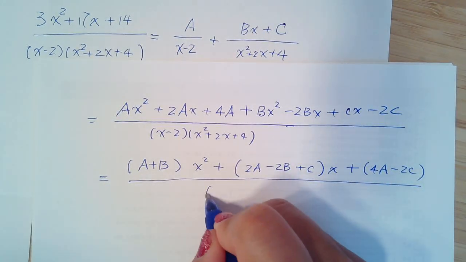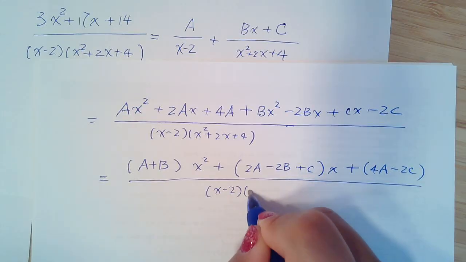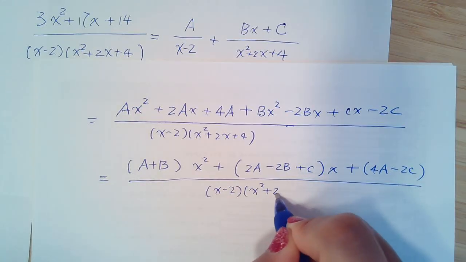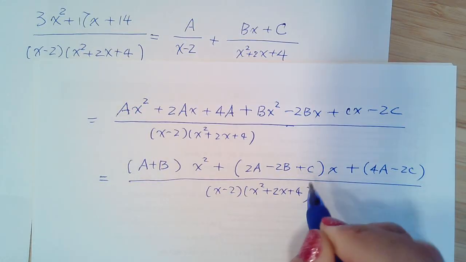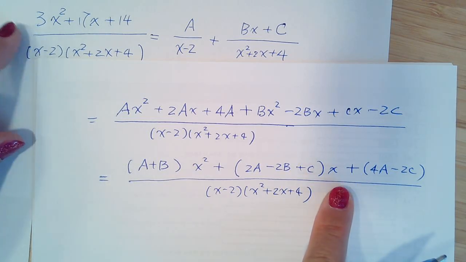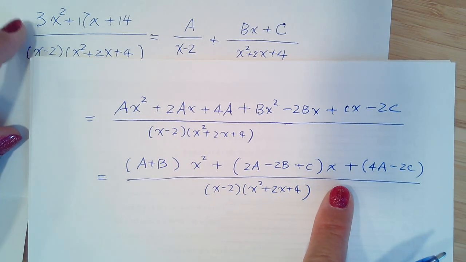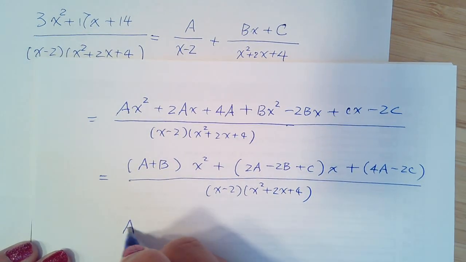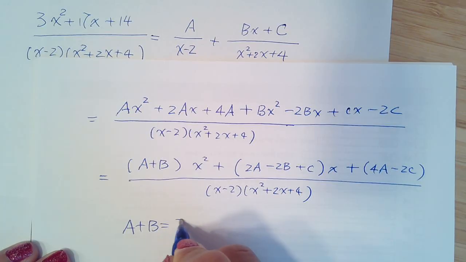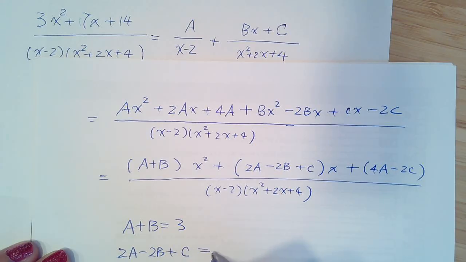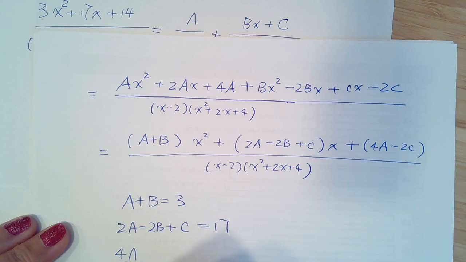Again, to be lazy you don't need to write it, but I always write it. Now you compare this with the original given information. So a plus b is 3, 2a minus 2b plus c is 17, and 4a minus 2c equals 14.